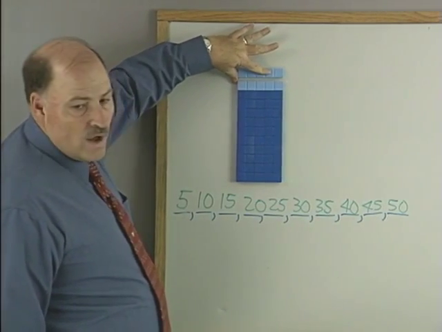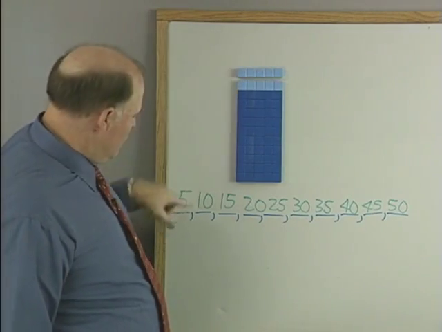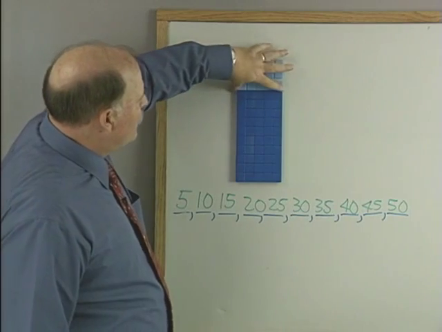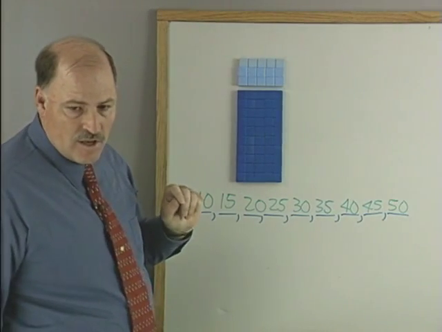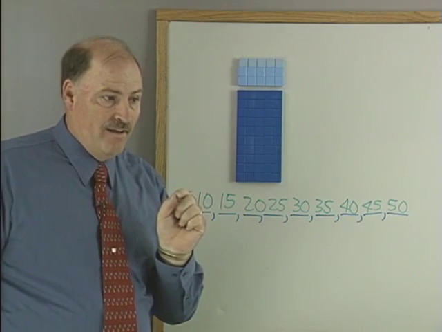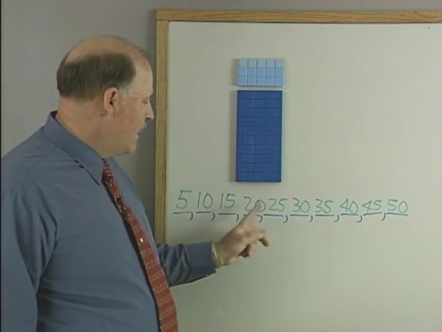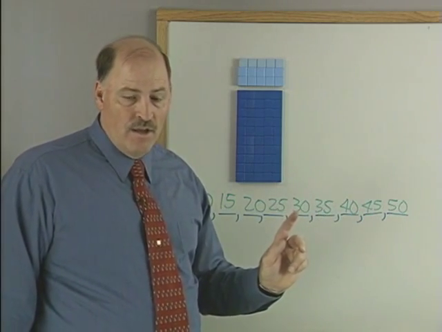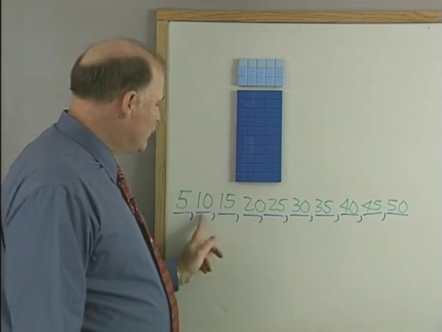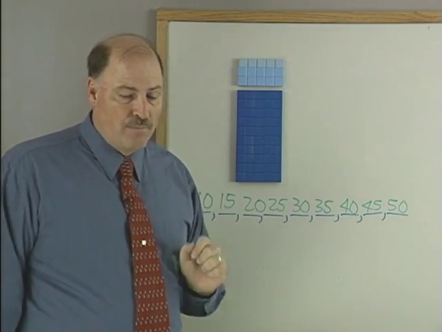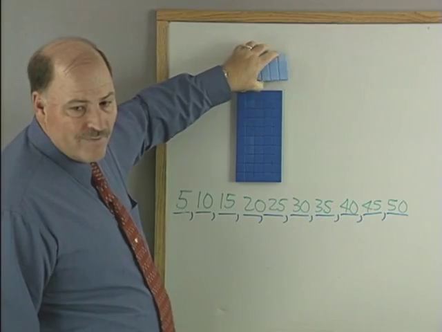If you only have 1 5, or if you have 3 5s, it turns out that if you have an odd number of 5s, it ends in a 5. See, 1, 3, 5, 7, 9, you know, odd numbers. And if it's an even number like 2, 4, 6, 8, or 10, they end in 0. That's a neat pattern.